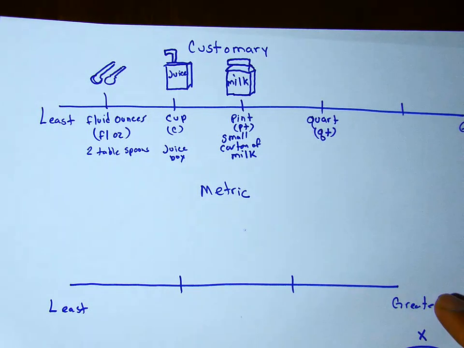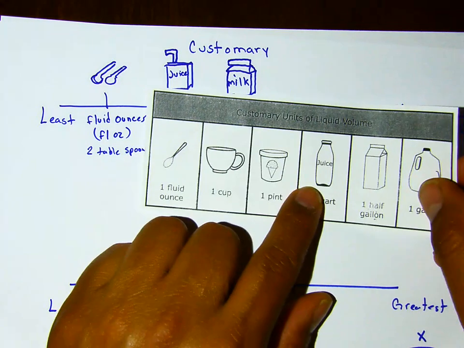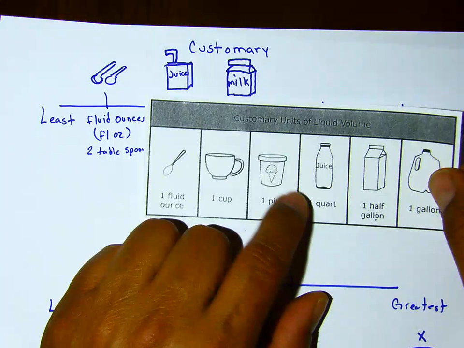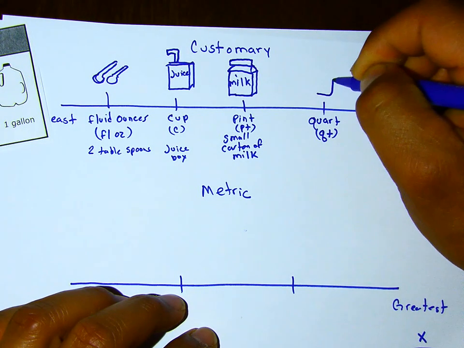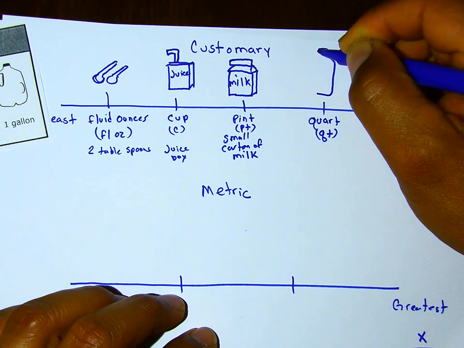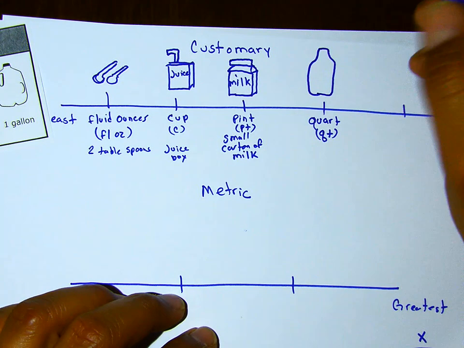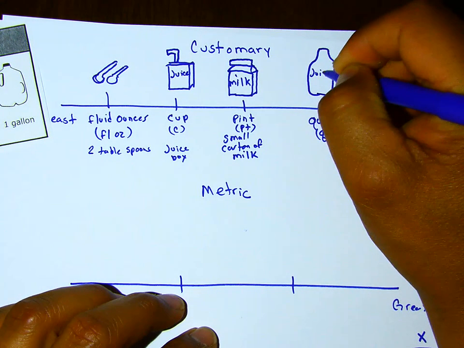And a quart would be like a larger, about a bottle of orange juice. That would be about a quart. So let's draw that. Orange juice, that bottle of orange juice. Not a big bottle, just a smaller bottle.